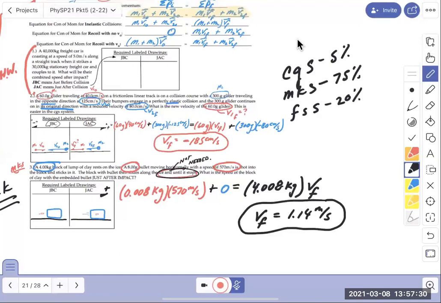Then it comes to a stop. So if this is later in the semester, we'd say, now determine the coefficient of friction between the floor and the bottom of the clay. But that's a different question. That's the final velocity of the collision, which would then be the initial velocity of the friction part.